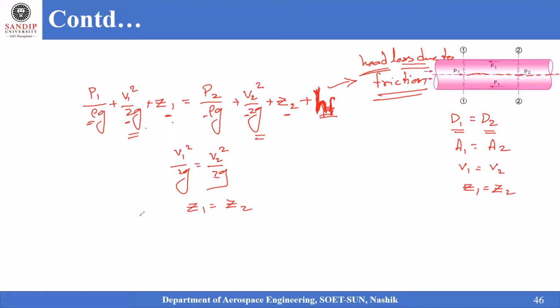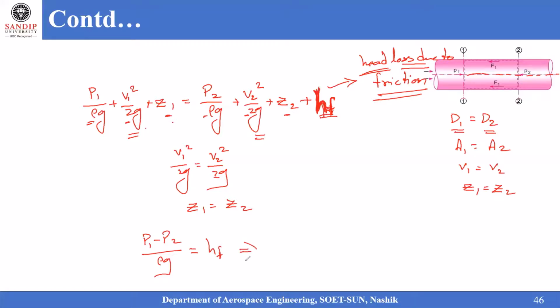So now my Bernoulli equation will change to P1 minus P2 by rho g. I just brought P2 onto the other side. P1 minus P2 by rho g is equal to HF, where HF represents the head loss due to friction.